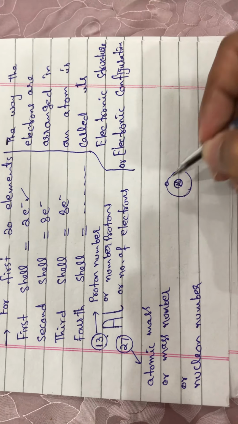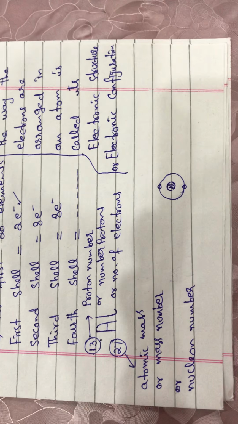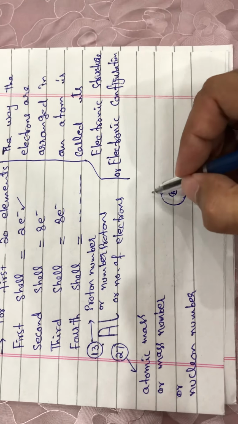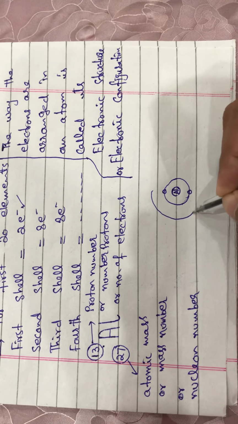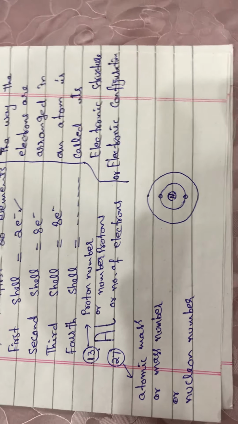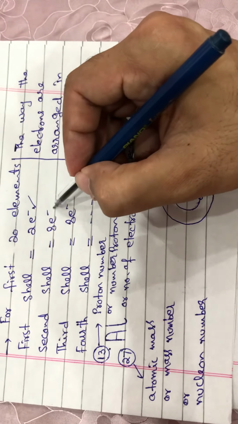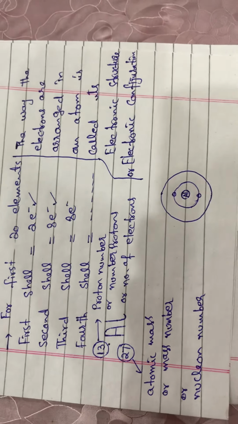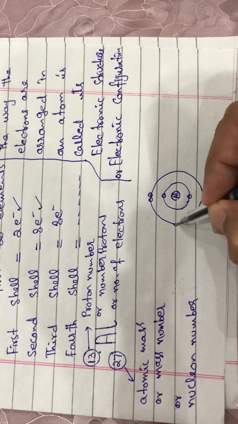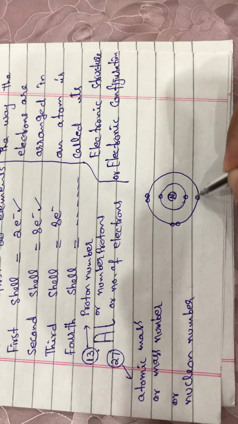So we are writing here the 2 electrons. Now it is completely filled. Now the rest of the electrons will go into the second shell. So we are drawing the second shell, and the second shell contains how many electrons, students? 8 electrons. So we are writing 8 electrons, 2 and 8.